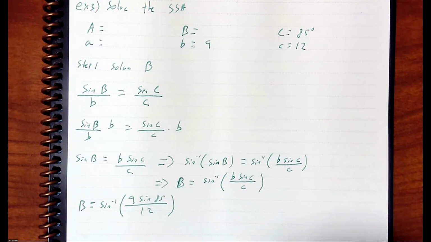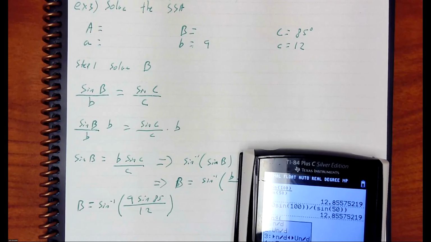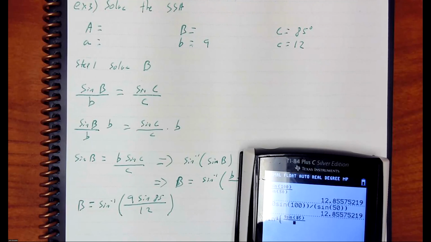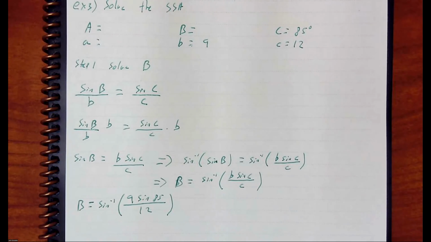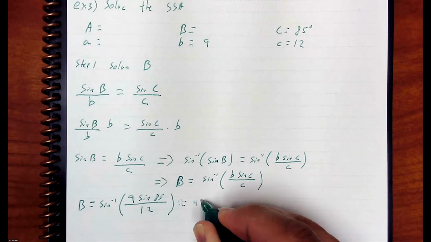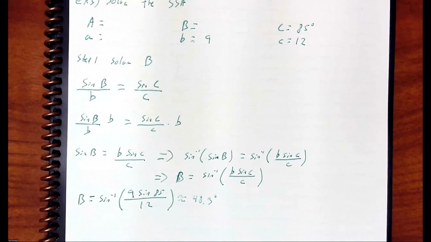Sine inverse of 9 sine 85 over 12, so this is approximately 48.3 degrees. Stick with 1 decimal.